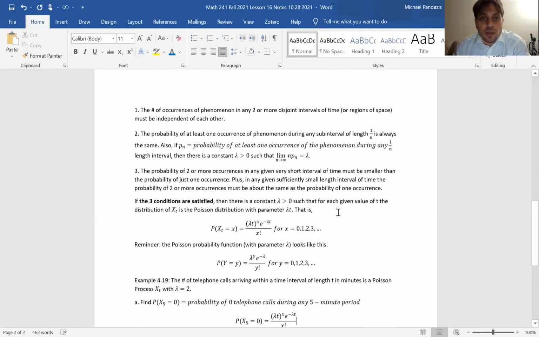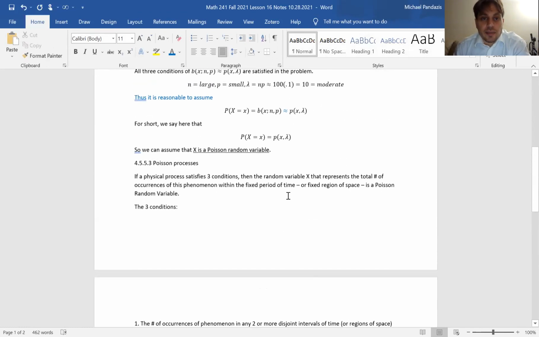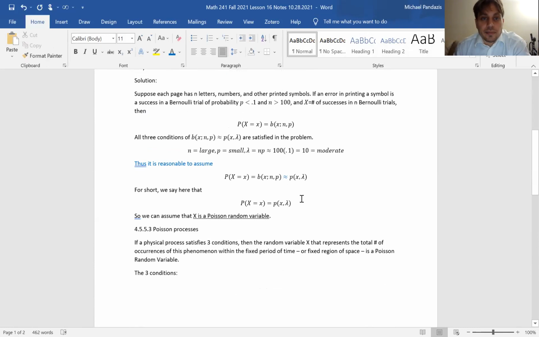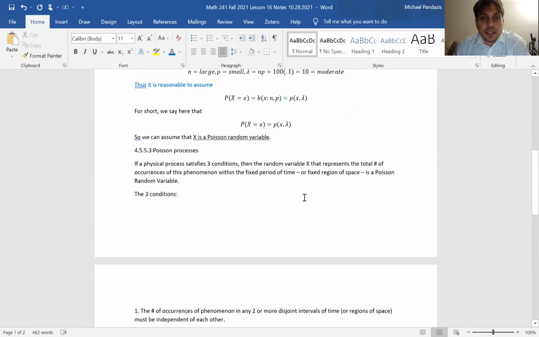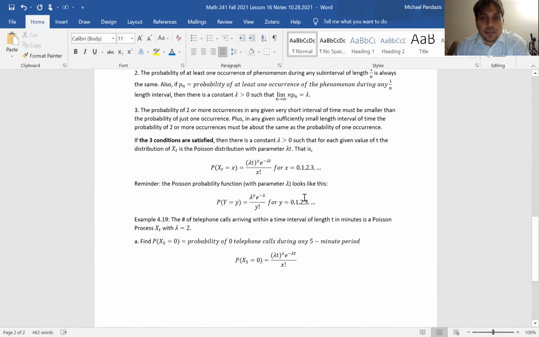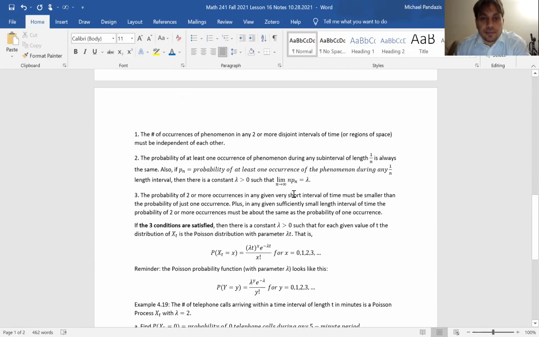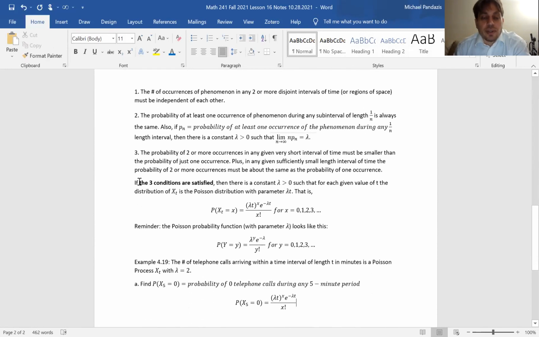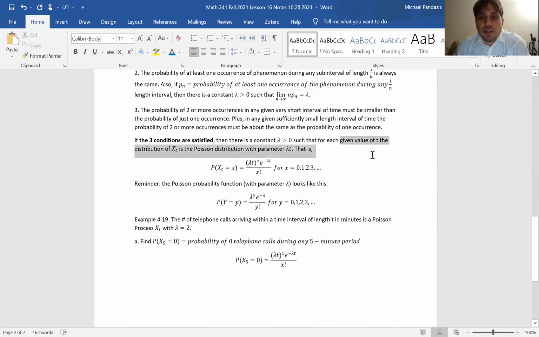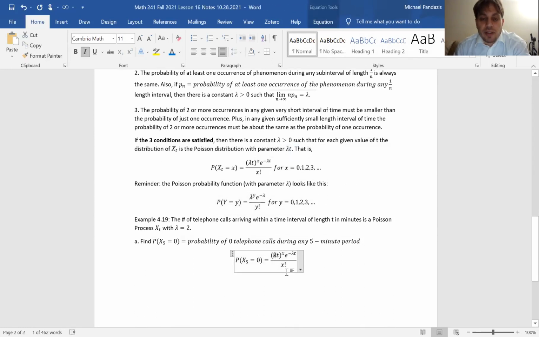Okay, so if the three conditions are satisfied, then there is a constant lambda positive such that for each given value t, we have a Poisson distribution with parameter lambda t. So there is a value of lambda in which the probability distribution takes this form.